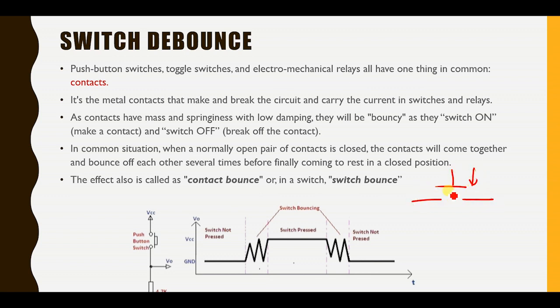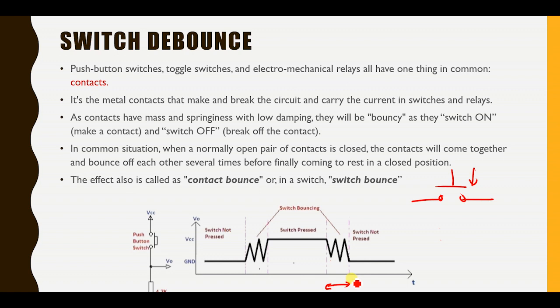So when you press the switch and it gets very close to the contact, in a very small time difference, either microseconds or milliseconds, it will be in an intermittent state where it can be detected as on or off, on or off, until the switch is fully pressed.